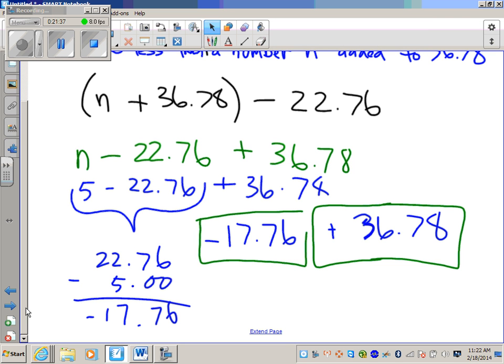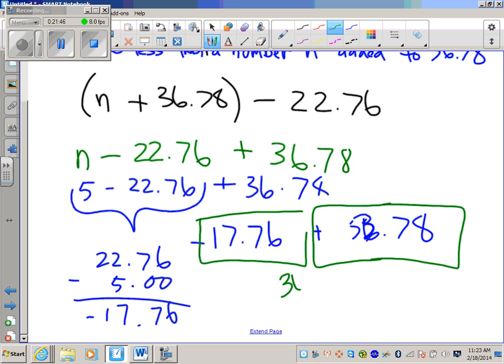If I have a negative 17.76 and a positive 36.78, I can take this positive 36.78 and subtract 17.76 and get 19.02. 19.02 is my final answer. I can still get it doing it this way, but it might be a little difficult. We might not all be there yet. Okay.